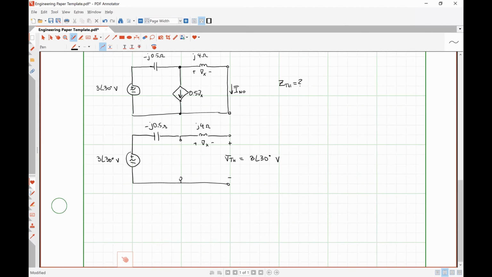Just going to have to do mesh then? I'm trying to avoid doing mesh because mesh means that I would have to do Cramer's rule to solve it, Cramer's rule or MathCAD. So here's what I think I'm going to do.